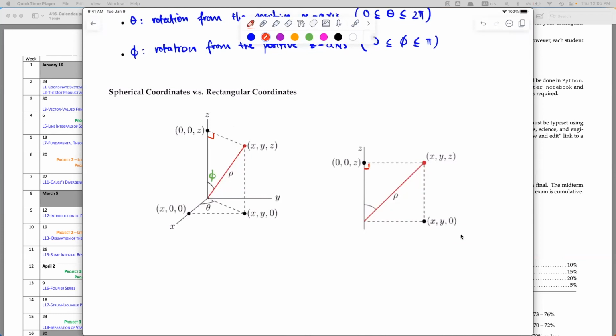That means r, this one is r right here, is also perpendicular to the z-axis. So z is perpendicular to r. These two lines, this r right here and this line right here, also r, are parallel, and z is perpendicular to r, so therefore this line is also perpendicular.